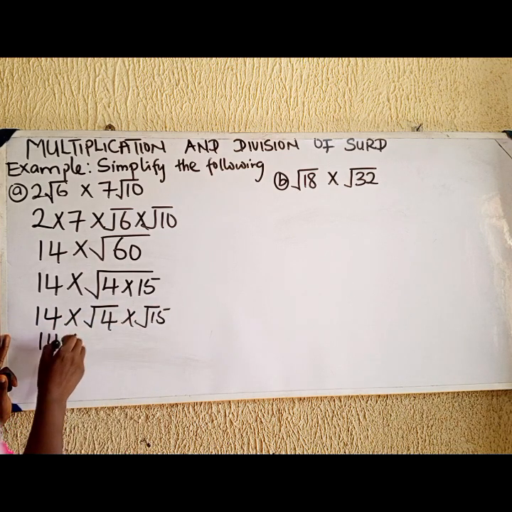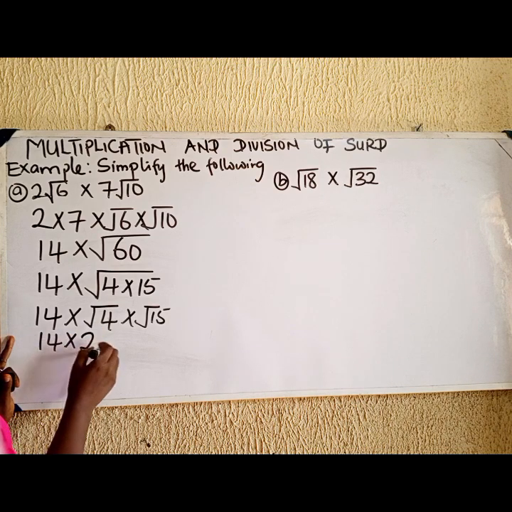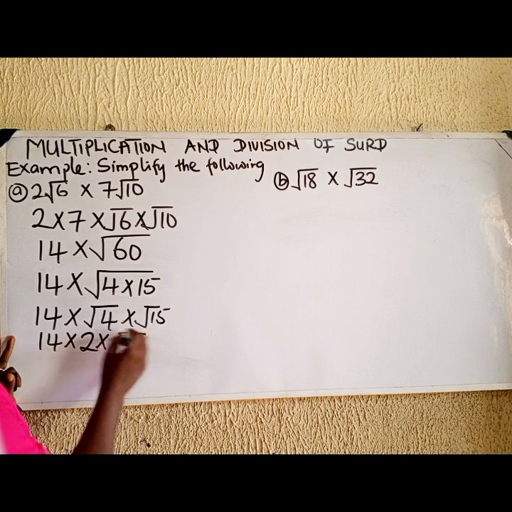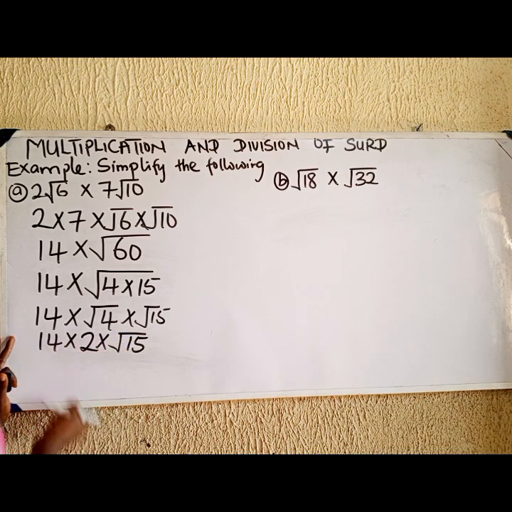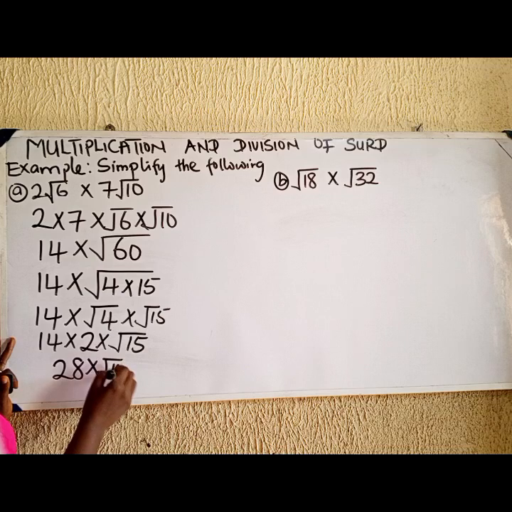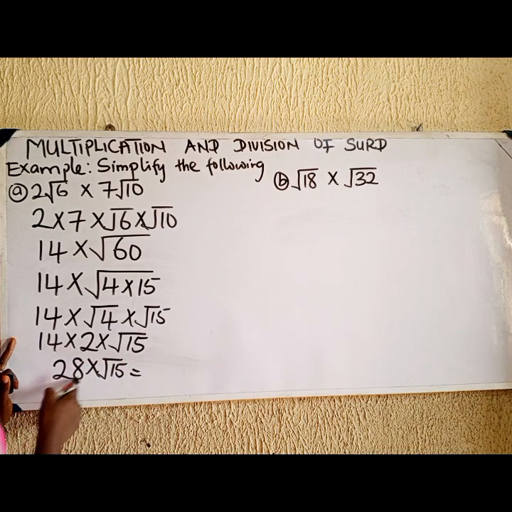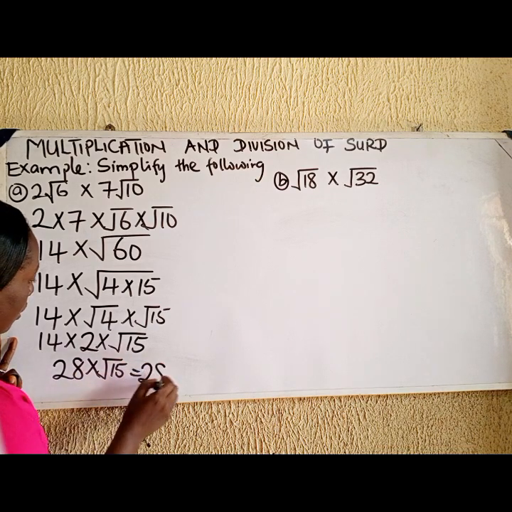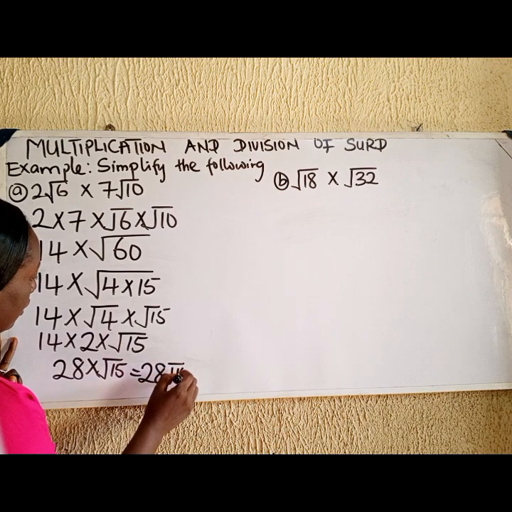I have 14 times the square root of 4, which is 2, times root 15. This one does not have a whole number as square root, so I will leave it in roots. So 14 times 2 will give me 28 times root 15, which is 28 root 15.